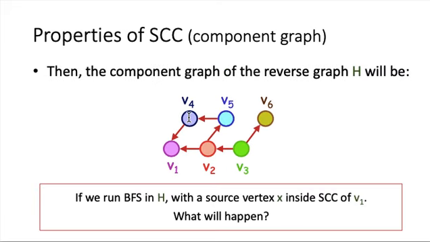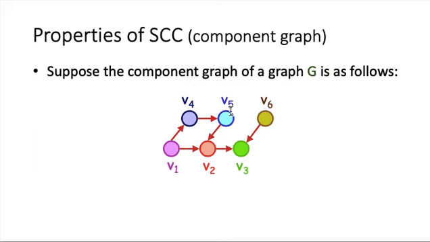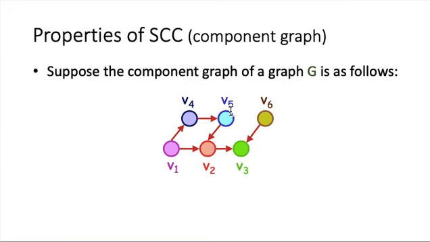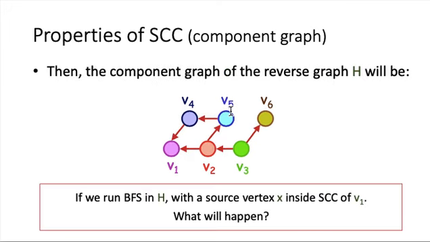It will still have the same vertices because each vertex corresponds to an SCC, and G and H will have the same SCCs. So the component graph of G and the component graph of H are also defined on the same set of vertices.